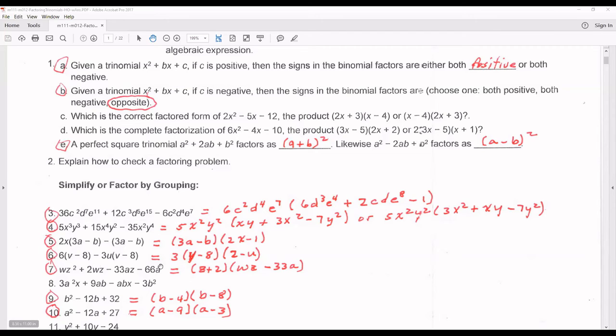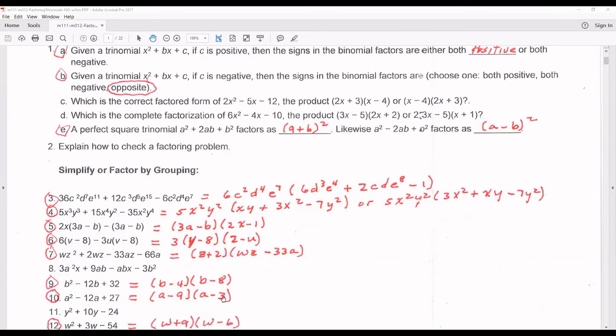Number 6, 3 times y minus 8 times 2 minus u. Number 7, quantity 8 plus 2 times quantity wz minus 33a. Number 9, b minus 4 times b minus 8.